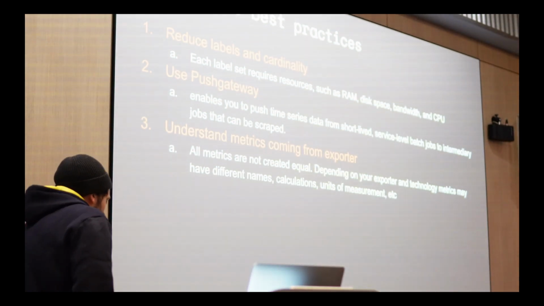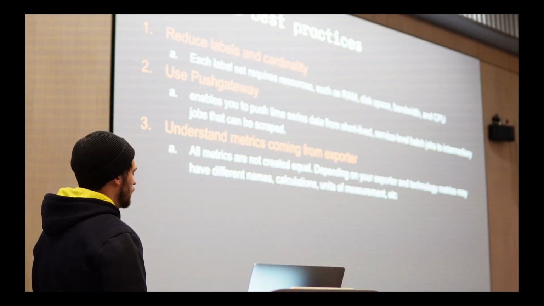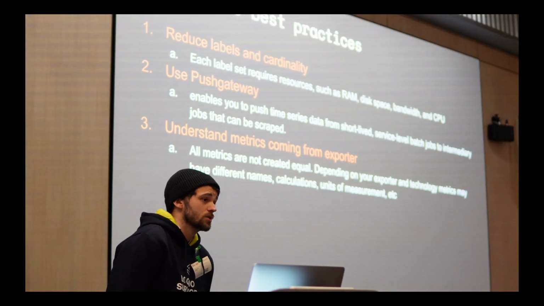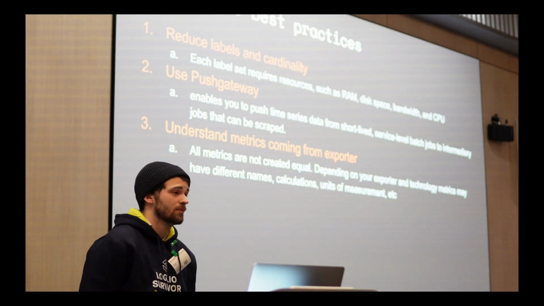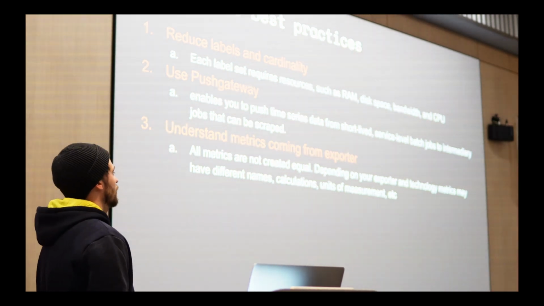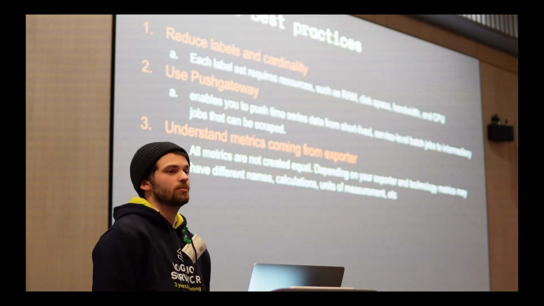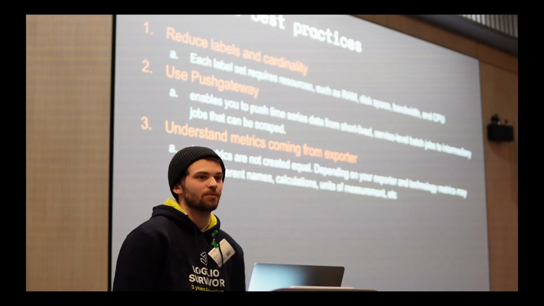And then the big thing, and I run into this daily with my customers, is to understand the metrics coming from your exporter. There's a ton of exporters out there for different technologies, right? But all telemetry data is not the same. On one exporter you might have something tracked in seconds, and another in milliseconds, and another in nanoseconds, depending on the metric.